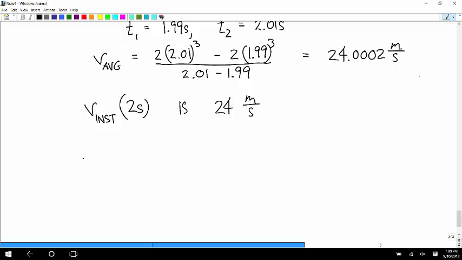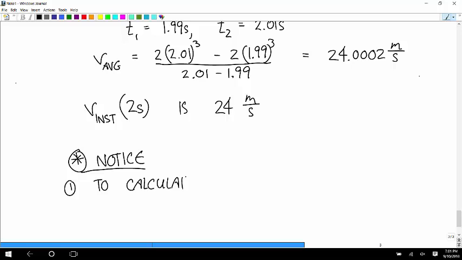Okay, so a couple things to notice. The first one is to calculate the instantaneous velocity exactly uses calculus.